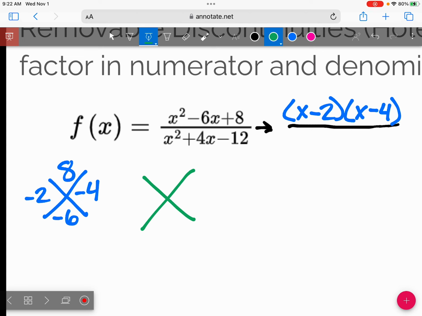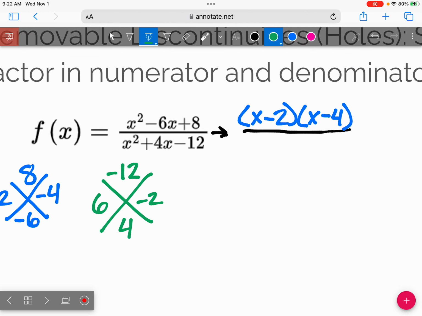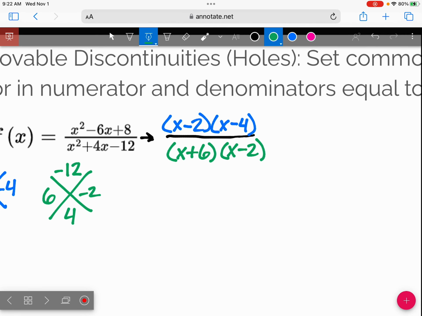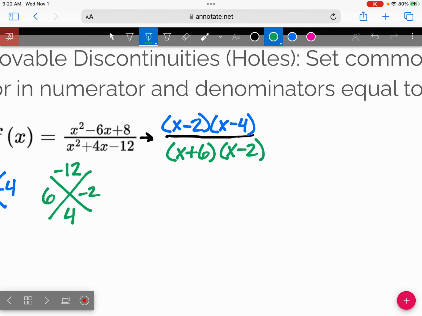All right, so let's do our denominator then. We need a pair of numbers that multiplies to make -12 and adds to make +4. 6 and -2. So we have x plus 6, x minus 2. What do we see happens here when we have it in factored form?